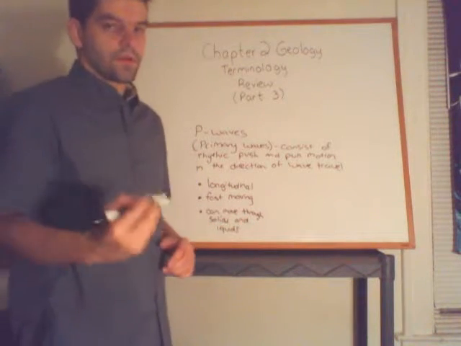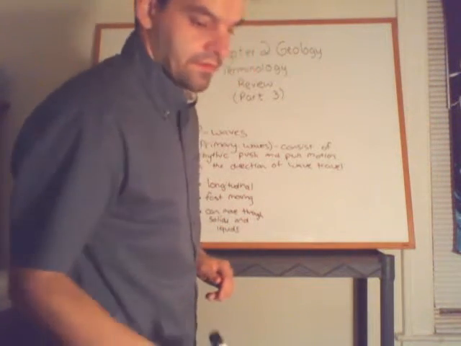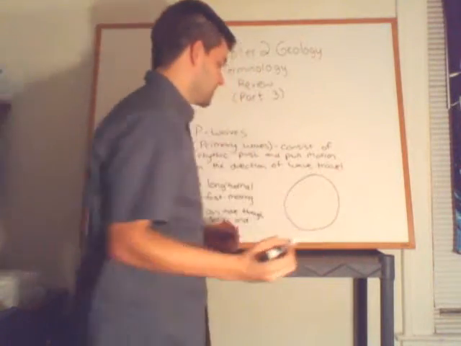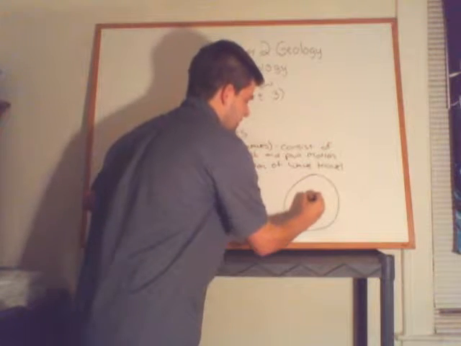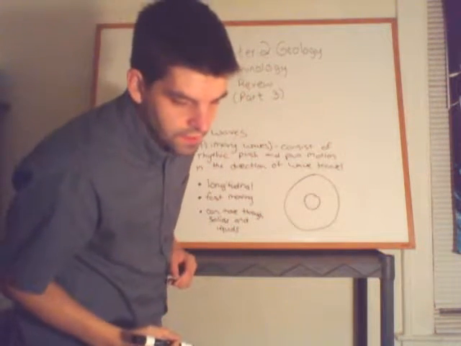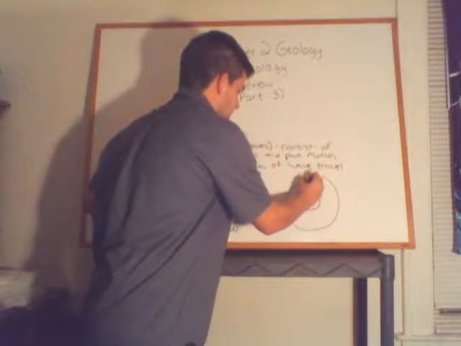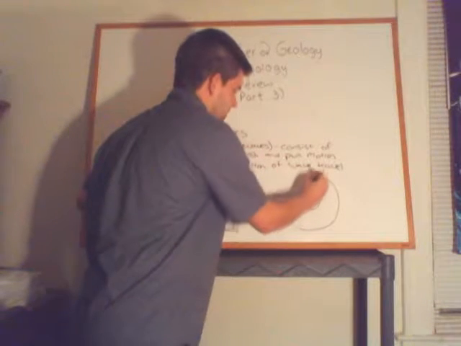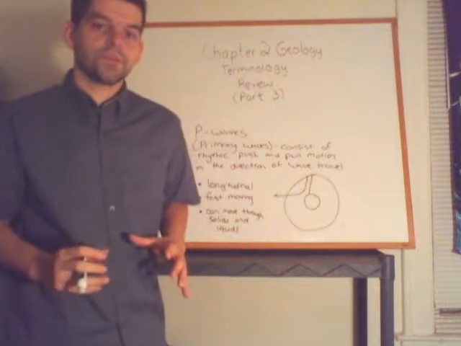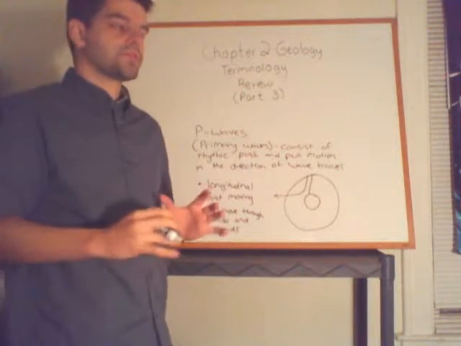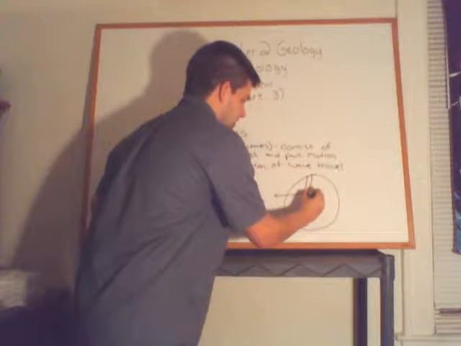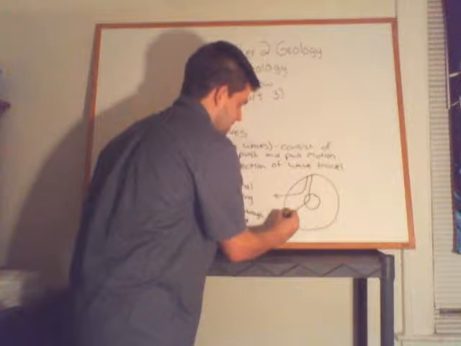Okay, so I kind of want to illustrate what we're looking at when we're looking at P waves. So let's say we have the Earth here, and at the very central part of the Earth we have the core. Basically these waves are going to kind of look like this. But the thing that's important to understand is when they change from a phase change of matter, like solid to liquid, there's going to be a bending of these waves.